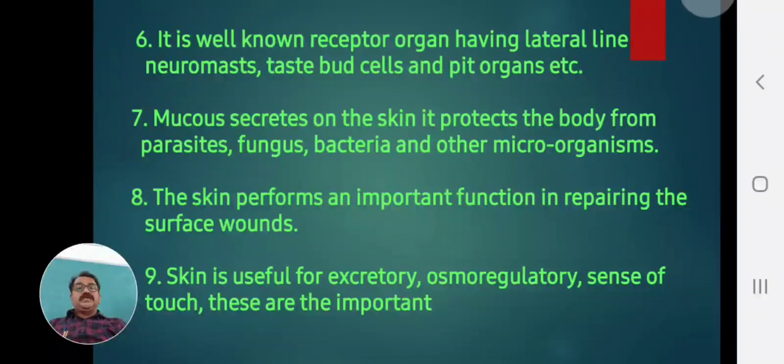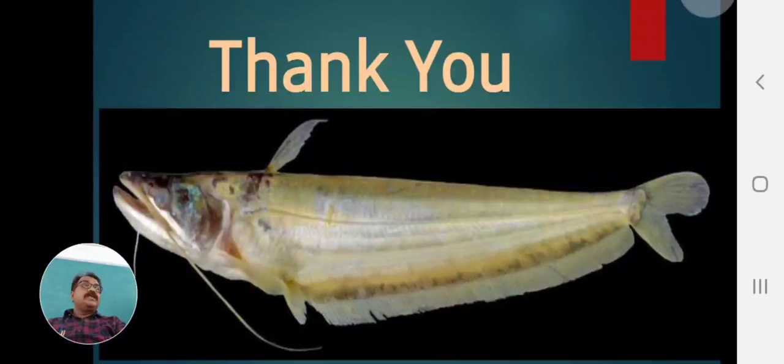With all these functions performed by the skin, it acts as a multi-purpose organ in Wallago attu, and plays an important role in protecting from enemies. It is useful for swimming from one part to another, and it can easily cut through the water.